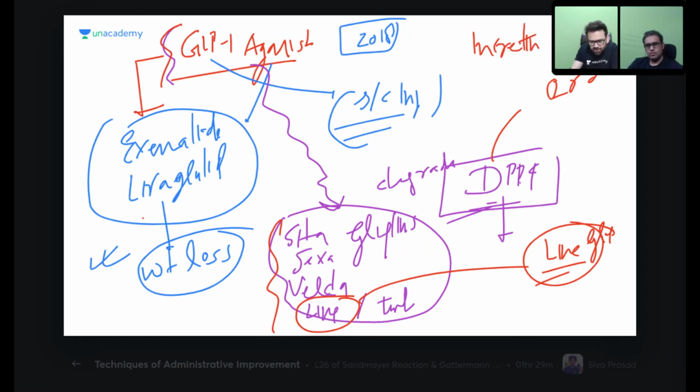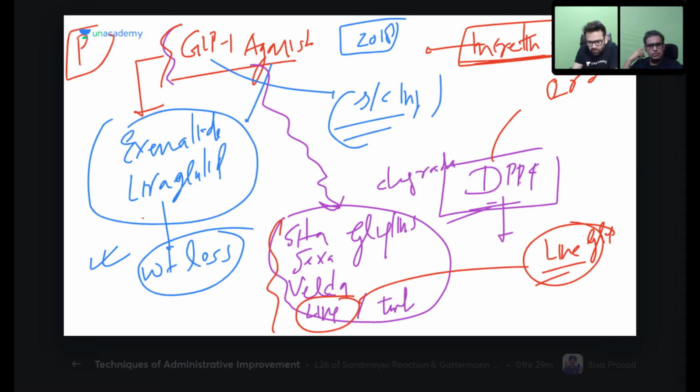Can anyone tell me in which disease these drugs should not be given, as told by Dr. Ankit just now? In which disease should you not use incretin drugs? Pancreatitis, yes, very good. Because they are irritating the pancreas, so if there is already inflammation of the pancreas, you should not use this drug.